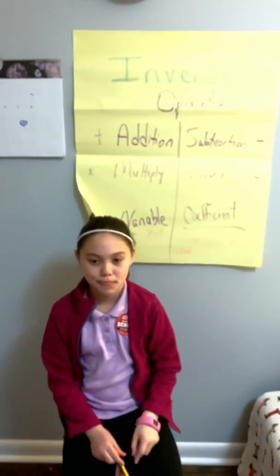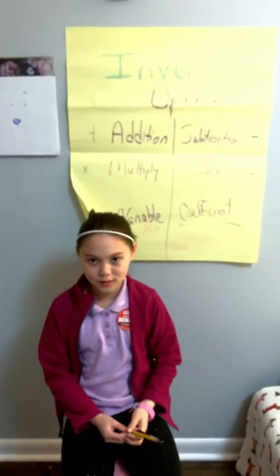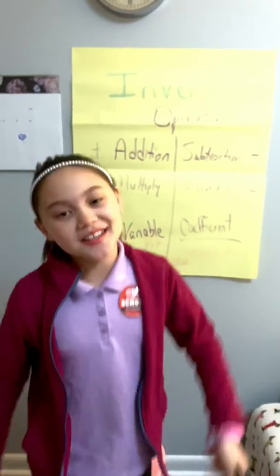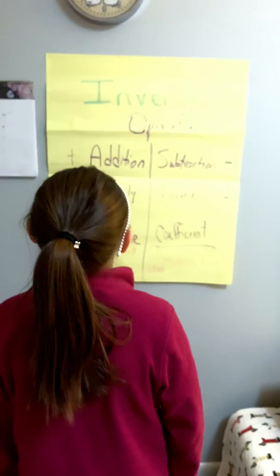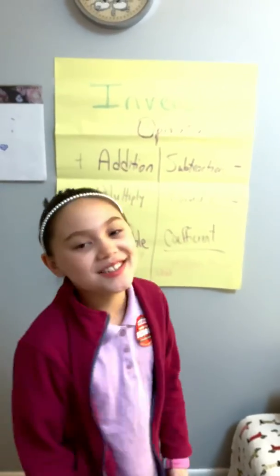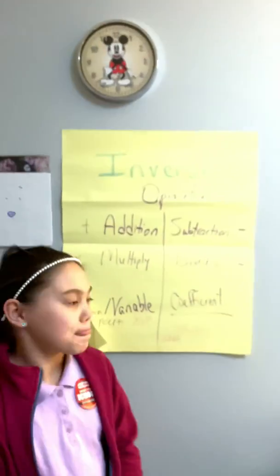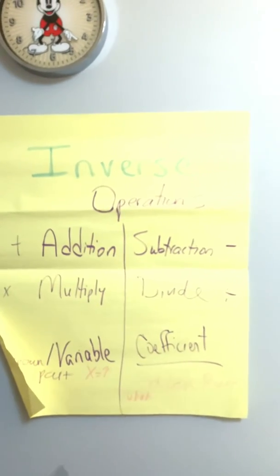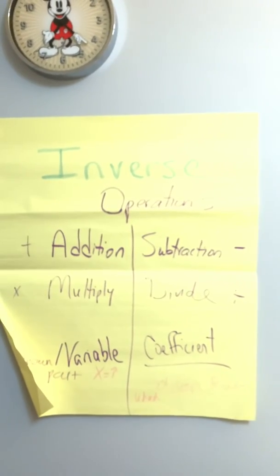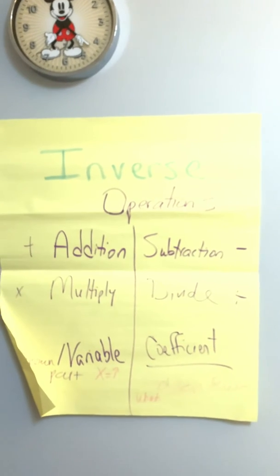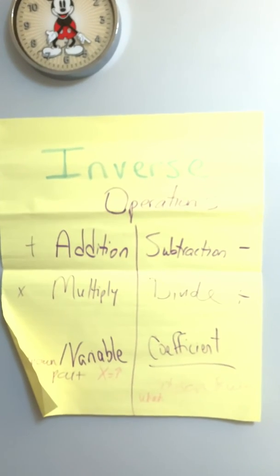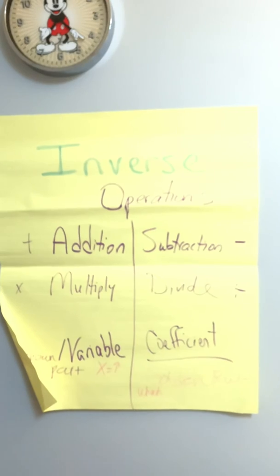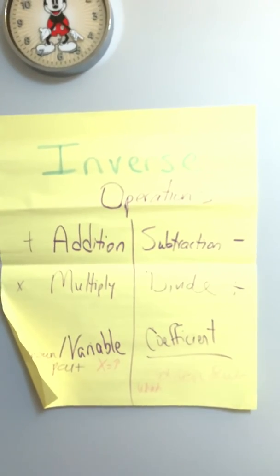And what math operations? How do we know the opposite? Addition's opposite is subtracting, and multiply, which is adding, its opposite is divide, which is subtracting.